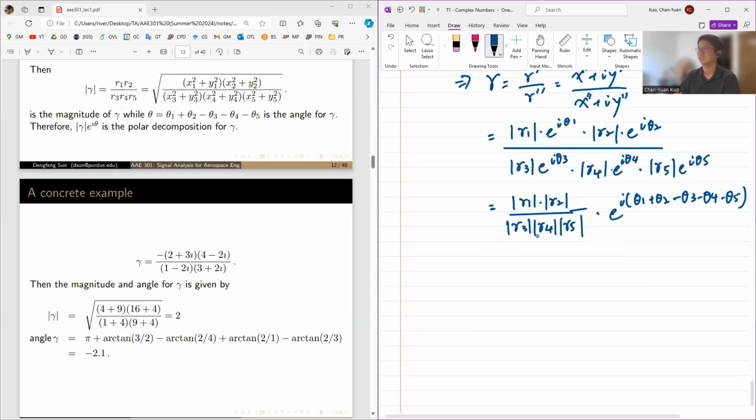So now let's take a look at another example. So let's see how we can evaluate this complex number. We have gamma equals negative 2 plus 3i times 4 minus 2i over 1 minus 2i times 3 plus 2i.